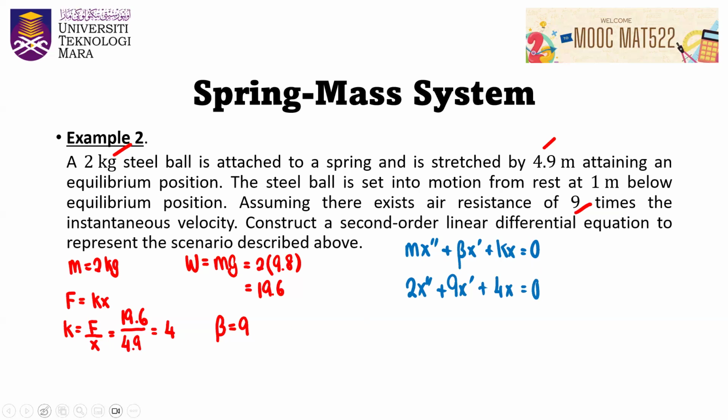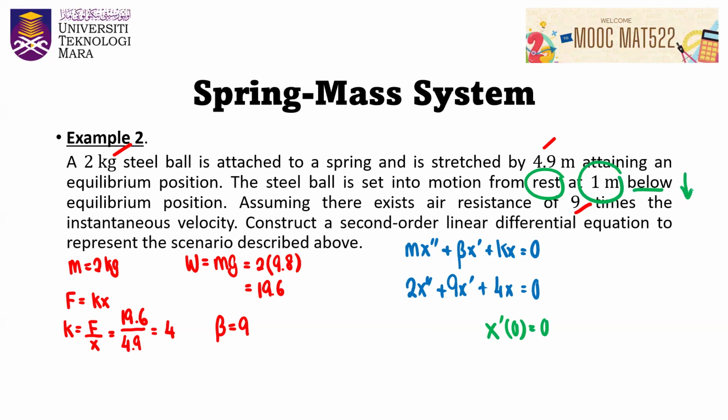Again, there is some information about the initial conditions given. First, the steel ball is set into motion from rest. That is, the steel ball did not move at all at the beginning. This gives us x'(0) = 0 for the velocity. In addition, 1 meter below the equilibrium position.